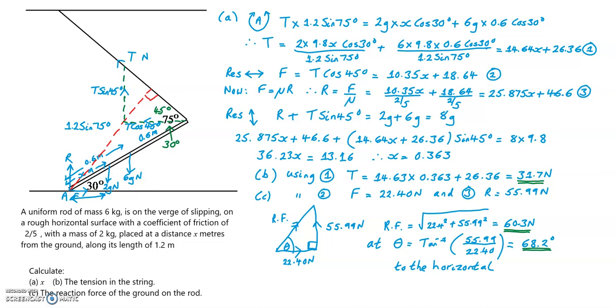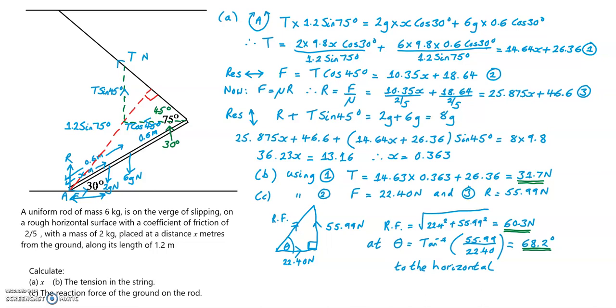Now, to find the angle that the tension in the string makes with the horizontal, I have shown the green angle as being 30 degrees. This is alternate angle with the angle that the rod makes with the horizontal. So the angle that the string makes to the horizontal will be 75 degrees minus 30 degrees equals 45 degrees as shown.